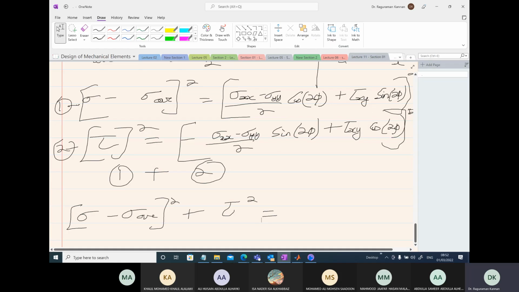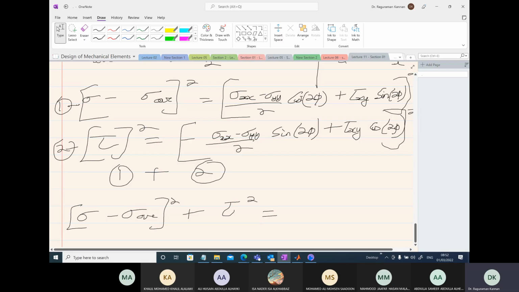If I expand that, this term square gives cosine square 2 phi, and the same common quantity, ((sigma xx minus sigma yy) over 2) square, times sine square 2 phi. Both terms have a square value which can be taken commonly out, and then you have cosine square 2 phi plus sine square 2 phi.